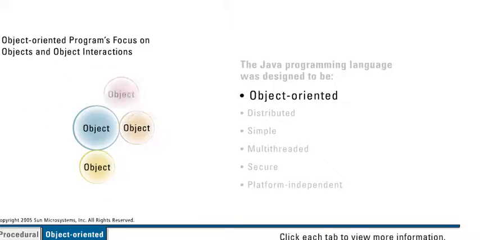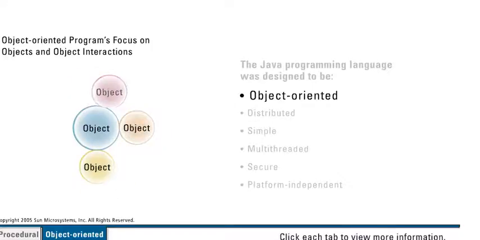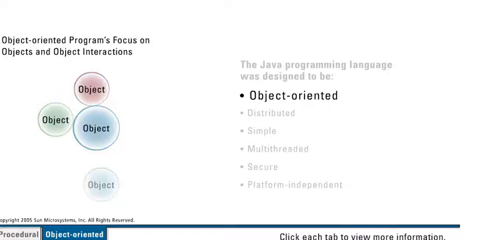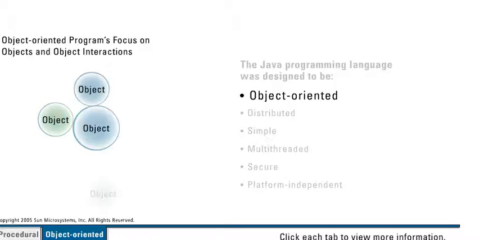So for instance, we might have a customer object creating an order object, or a bank object opening a new account object. So the focus in a procedural program is on the steps, whereas the focus in an object-oriented program is on the objects that will perform the operations of the program.